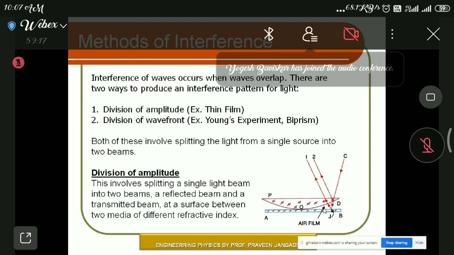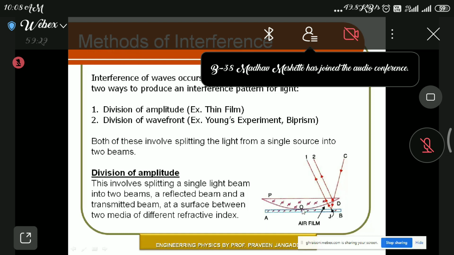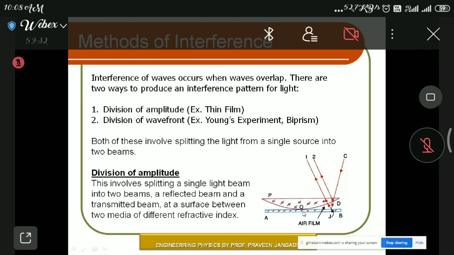So here, to understand this, we consider a plain glass plate, and above this plain glass plate there is a plano convex lens which is mounted. Due to this mounting, there is a point of contact where the plain glass plate and the plano convex lens make contact.